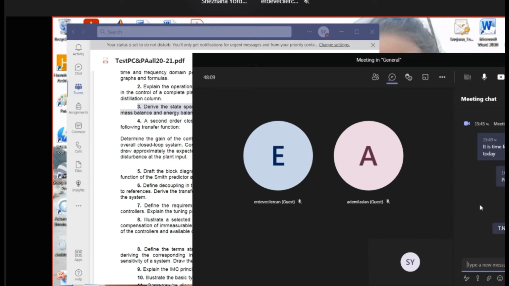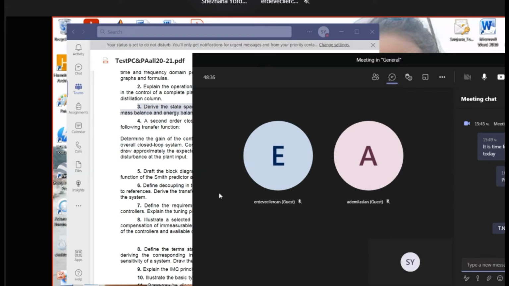So if you are interested in control, it's good to buy it because it will be your book when you start work as a control engineer in some mechatronic systems.